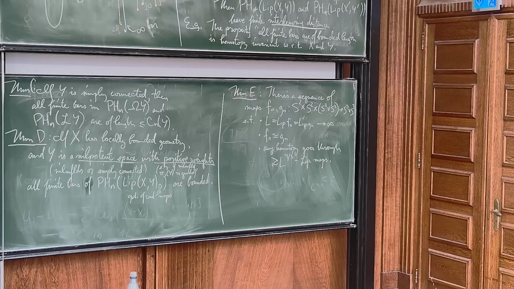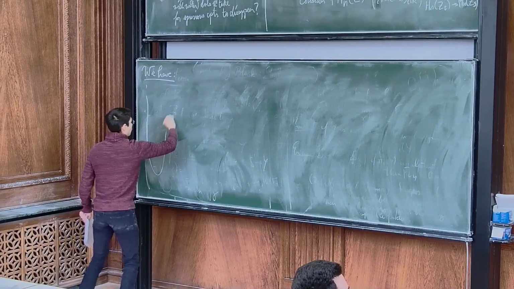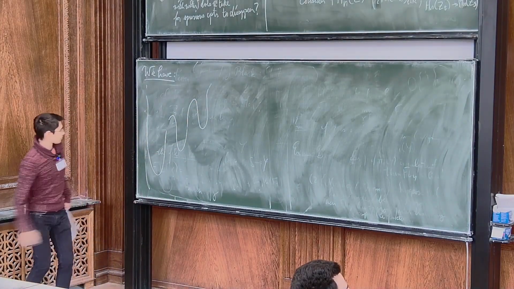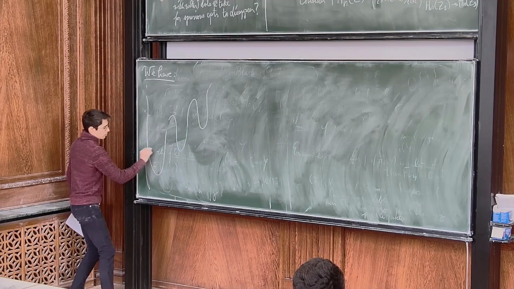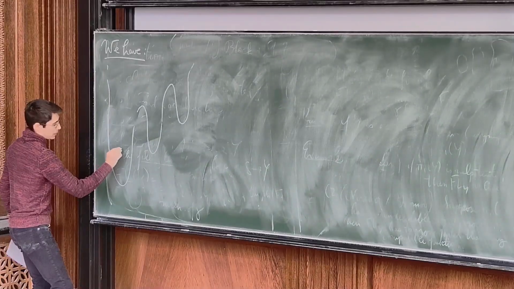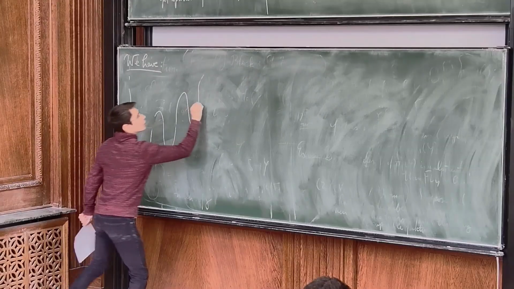So the idea is that, okay, in this case, we're trying to construct a Lipschitz map with some properties, right? So in this case, what we have is some kind of, here's my space and space of maps, I guess loop space, right?